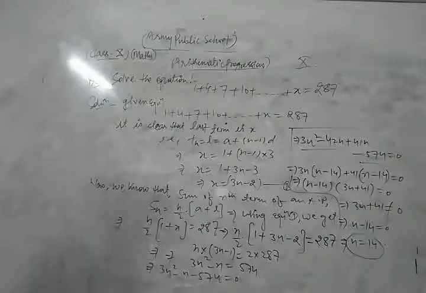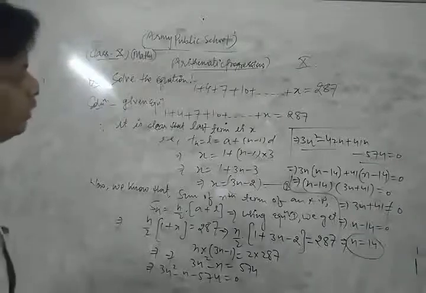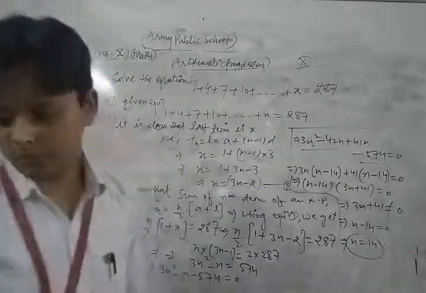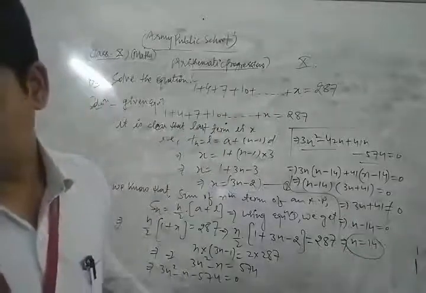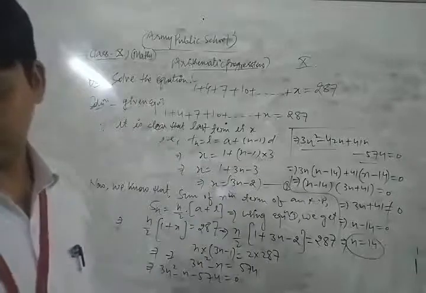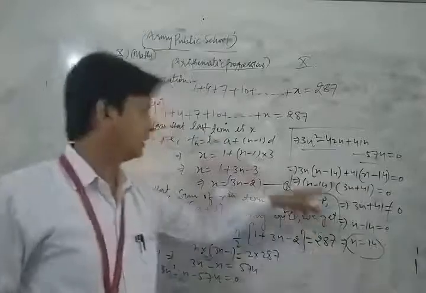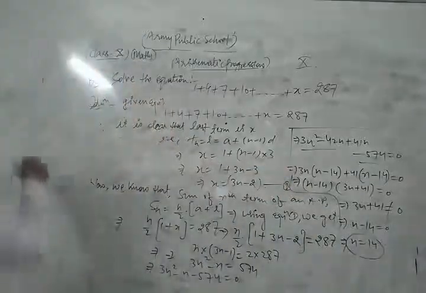But we have to find the value of x, because we are solving the given equation. So first of all, we put the value of n is equal to 14 in equation 1.